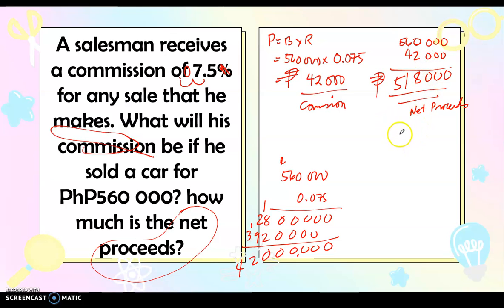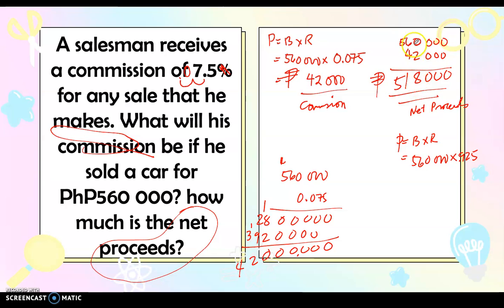You may also solve it in a different way, by multiplying, still finding the percentage, base times rate, but the base is still the same, 560,000 pesos. But for the rate, it is 92.5%, or 0.925, because 100% minus 7.5% is 92.5%.